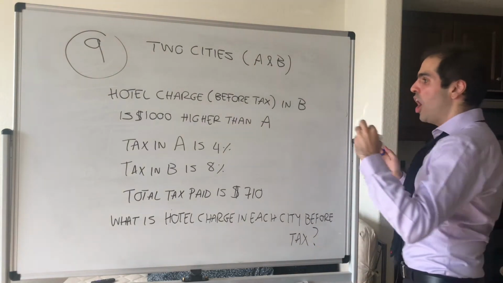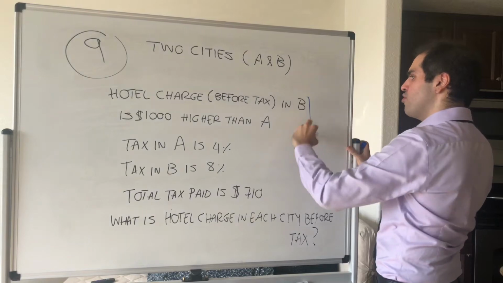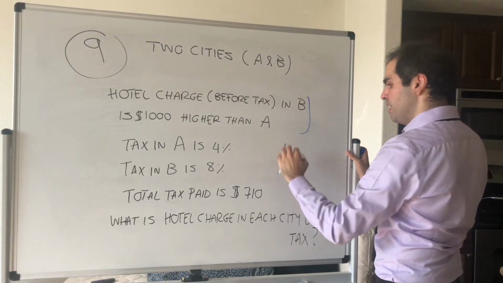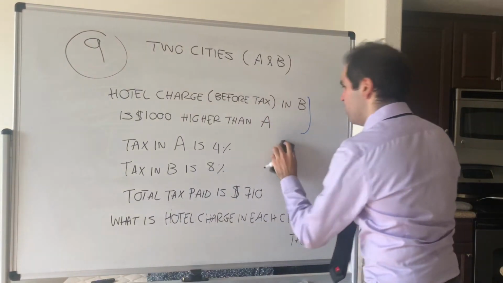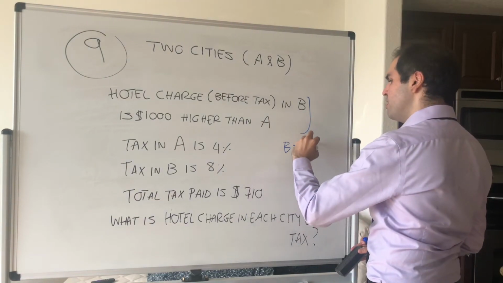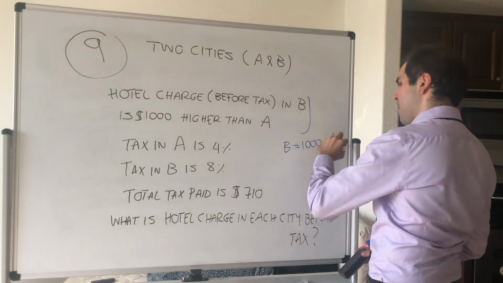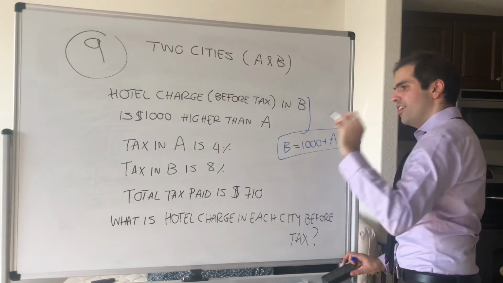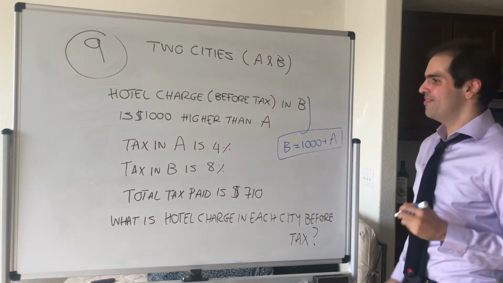At this point, stop, because we already have some information. We know that the charge in B, let's call that B, is $1,000 more than A. And we'll use this in a second, okay?